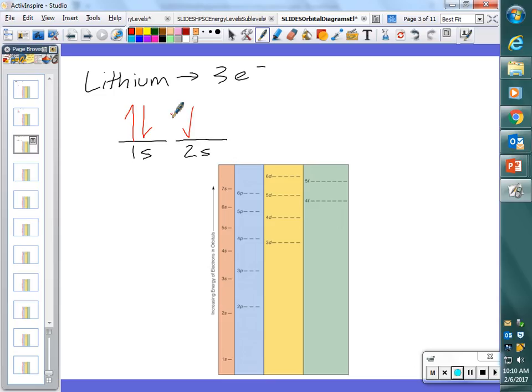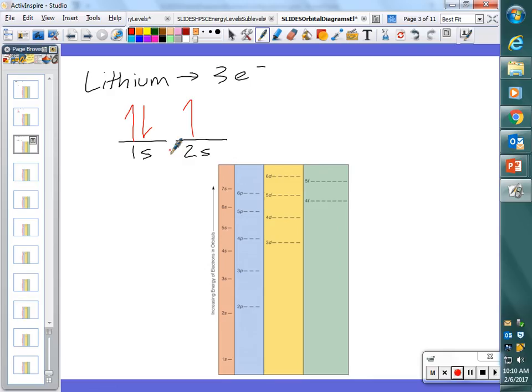It's only important that when we get a second arrow, it has to be the other direction from what we originally drew. The arrow direction is only there to distinguish one electron from the other electron. If there is no other electron, it doesn't matter which way we draw that arrow. Just by convention, I will usually go up first and down second, but it really doesn't matter.